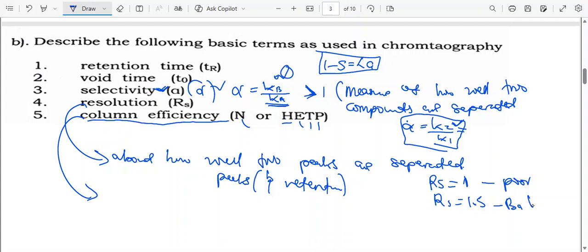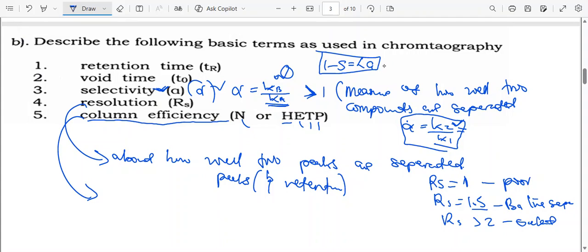The peaks are separated at the baseline. When the resolution is equal to 2 or greater than 2, this is the excellent separation. Very important.